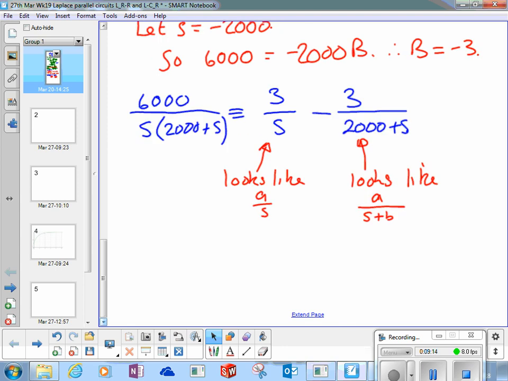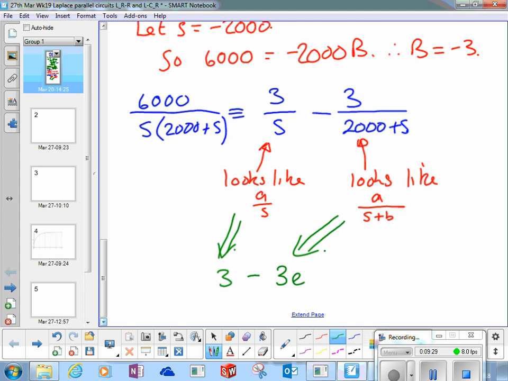So this bit transfers back to 3, and this bit transfers back to 3 e to the minus 1000t.